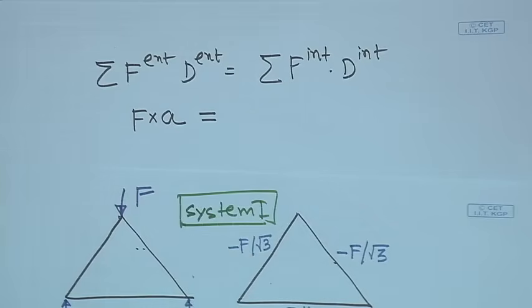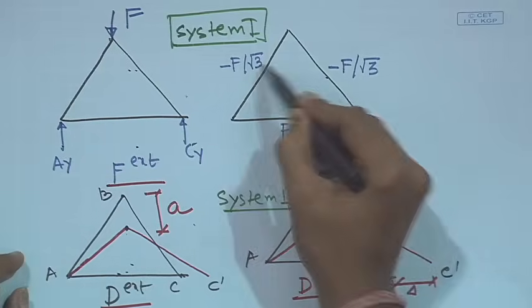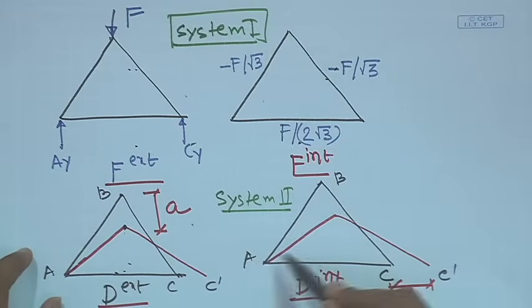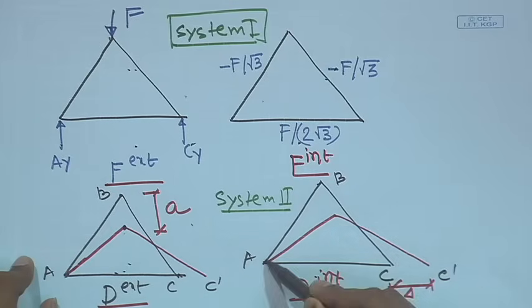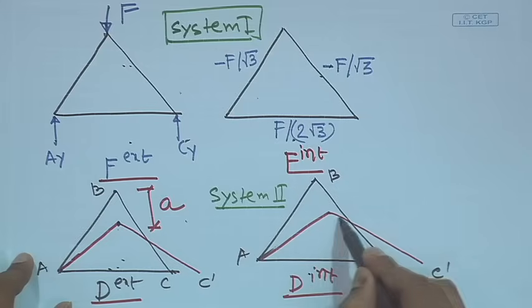This is equal to the internal forces in the members. Here it is given that there is no change in length in member AB and BC, only change in length takes place in member AC.